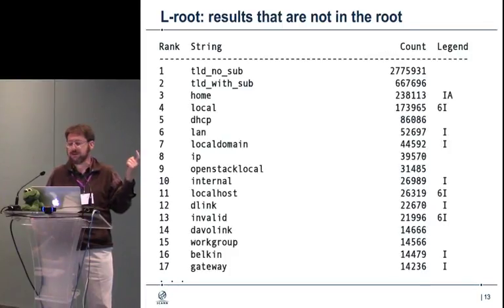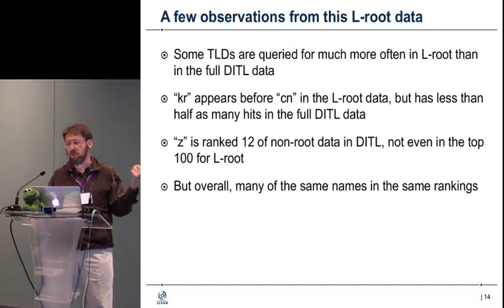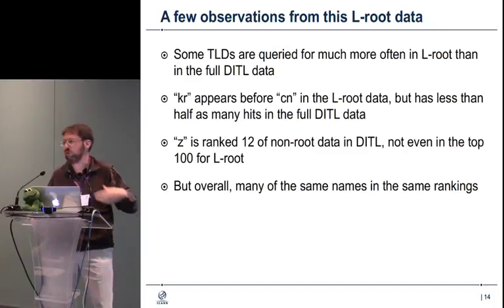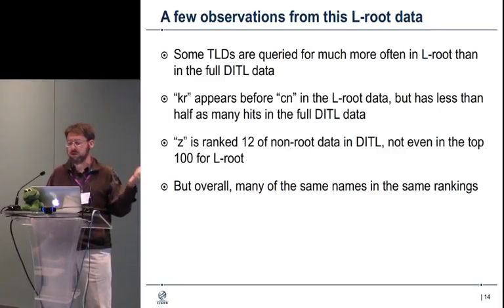So what this says is, if you look at DIDL, you will get a wider view than looking at one or two roots. However, looking at one or two is a lot easier. I didn't have to get a new machine. We had all this, so I could do this easier. In specific, even some of the non-leaked ones, like ccTLDs, had a different order in just looking at LRoot.